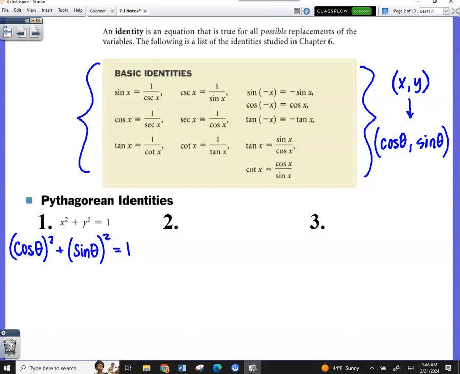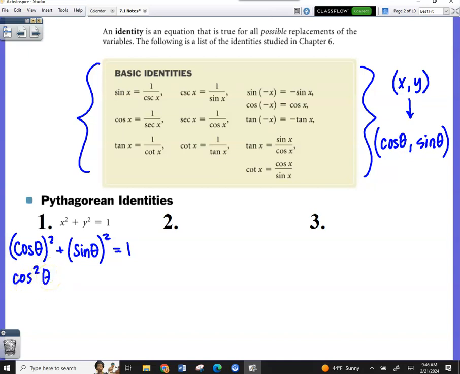Now what you're going to have to do is remember your rules of exponents. If I'm taking something and squaring it, that means it's multiplying it by itself, right? Twice. Okay, so cosine theta squared can be rewritten like this, cosine squared theta.